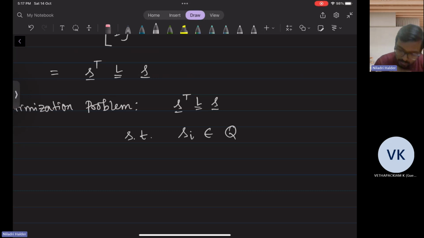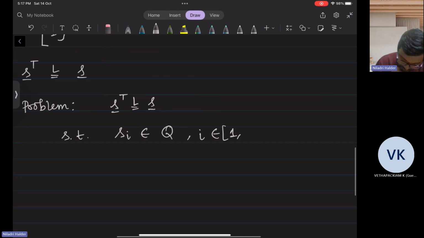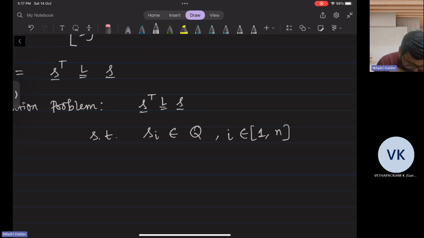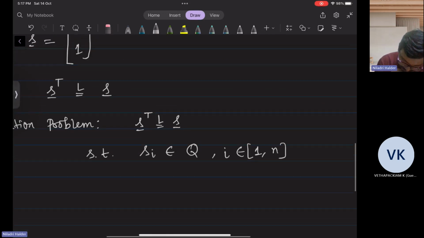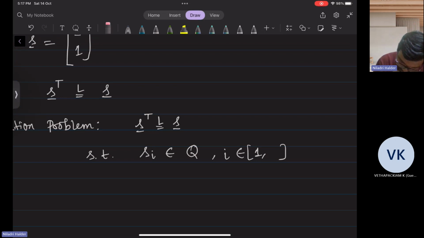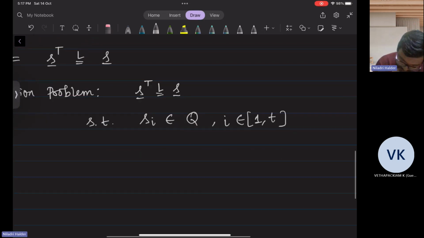It will be in the set Q, where i is from 1 to t. So what is this Q?